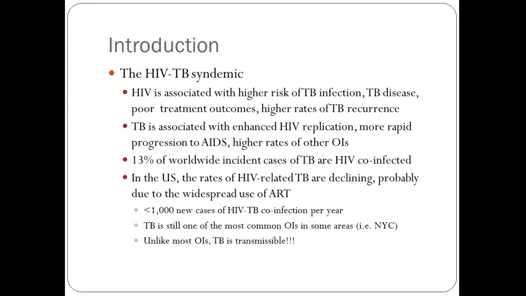We have less than 1,000 new cases of co-infection per year now. In general, it's rare. It is still the most common opportunistic infection in some areas, such as New York City. And the important thing, why we always have these sessions on TB and HIV co-infection, even though the incidence itself is declining, is because tuberculosis is transmissible.